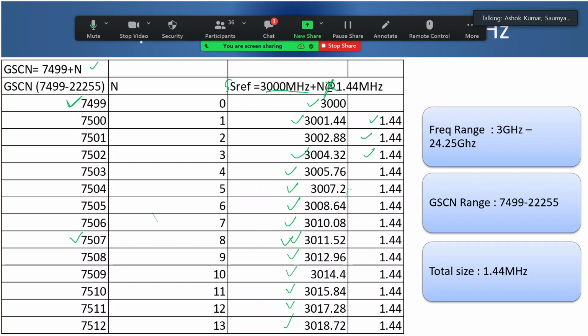No, the UE has an idea of GSCN, because the UE supports a particular band, and for every band the GSCN is already defined and configured in the device. So although GSCN and even the corresponding SREF, the device is able to calculate.